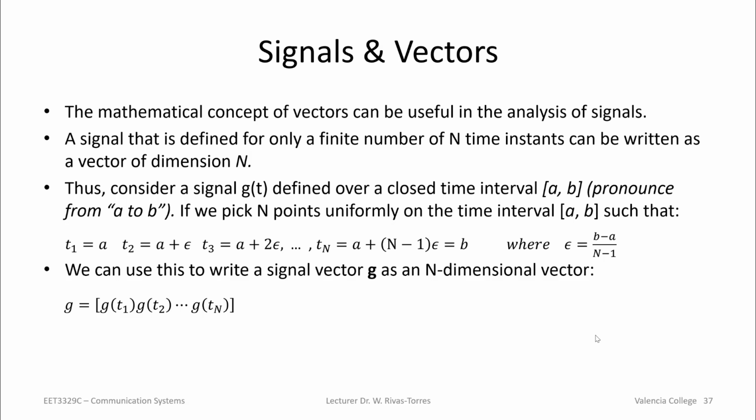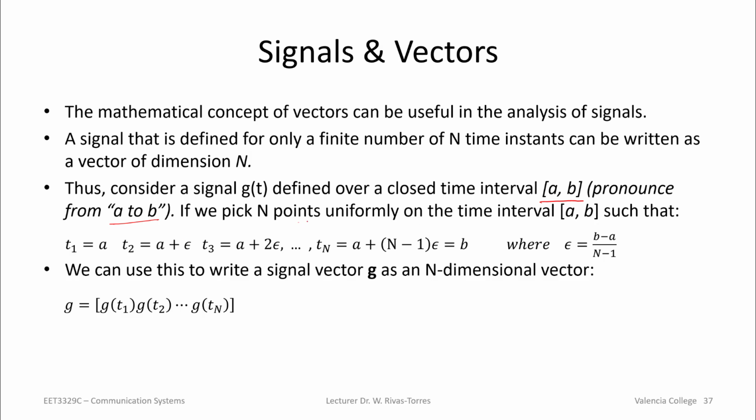So let's say that I have a signal g of t, and I have a closed interval in time. Whenever you see me talk about an interval in time, textbooks have a tendency to use this sort of nomenclature. This says from A to B.